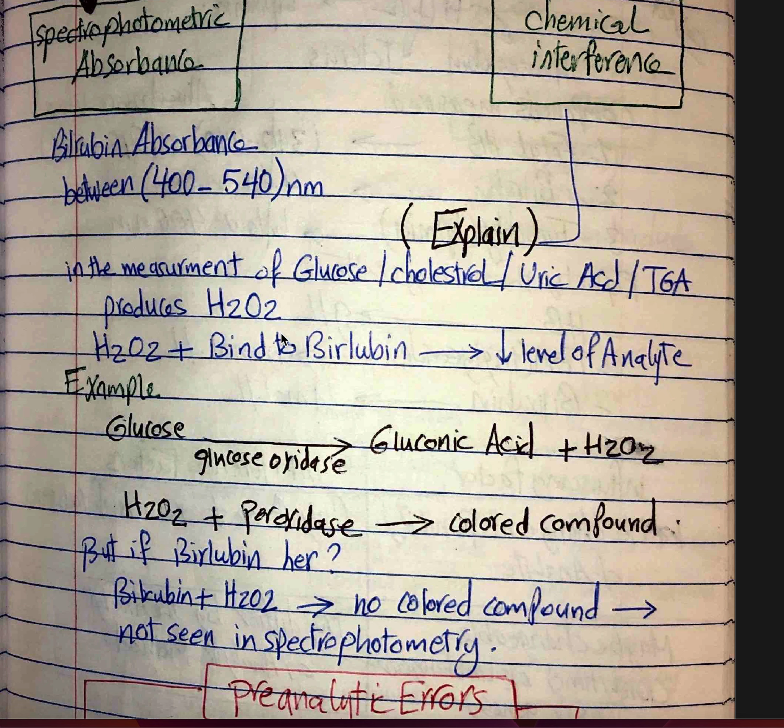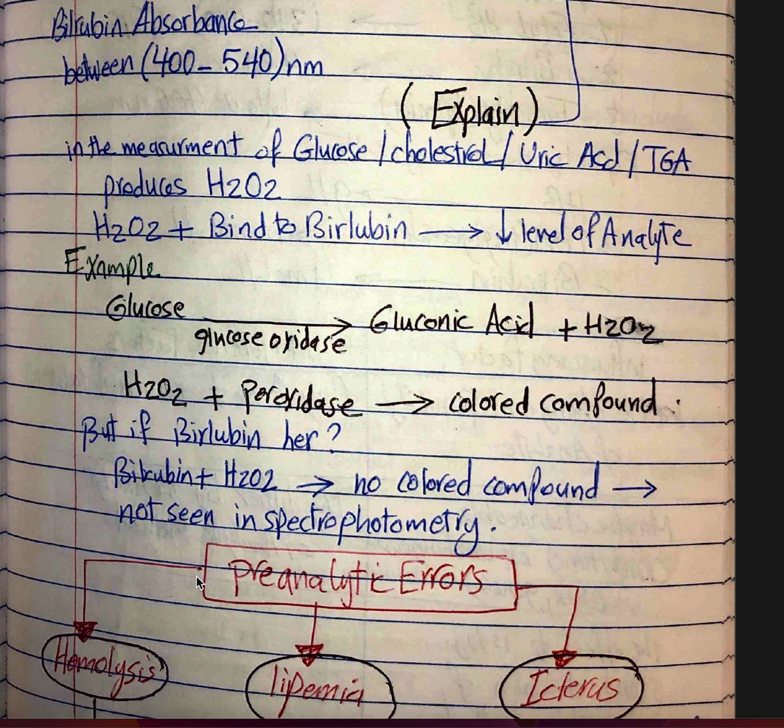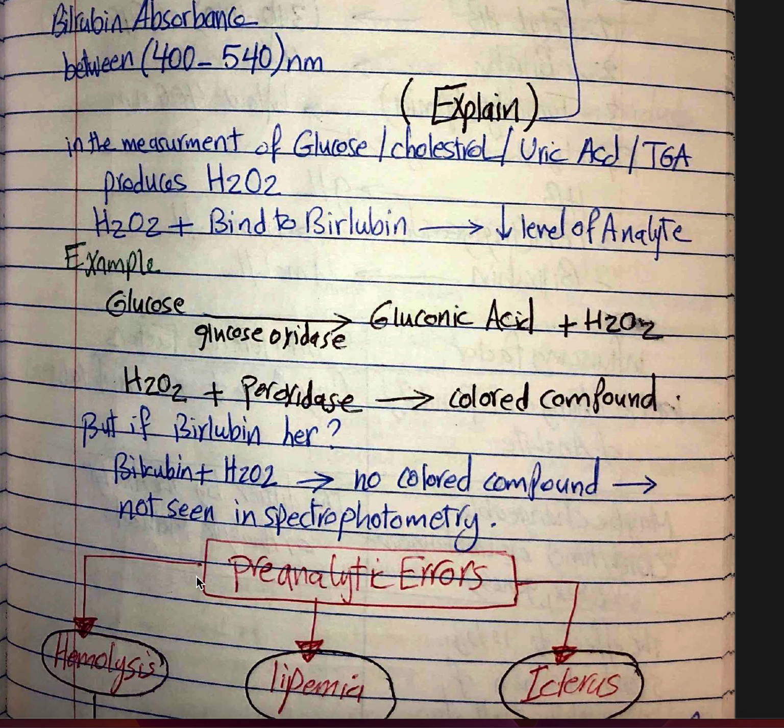H2O2 has a higher affinity for bilirubin than for peroxidase. That leads to a decreased level of the analyte, so we don't see any color, and the analyte appears absent when it is actually present.